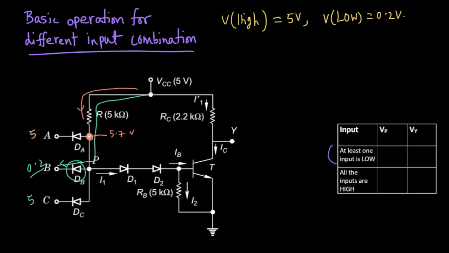So the diode DA and the diode DC will be in cutoff, or they will be turned off.